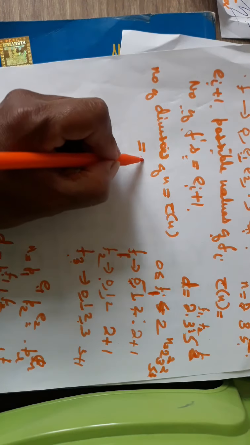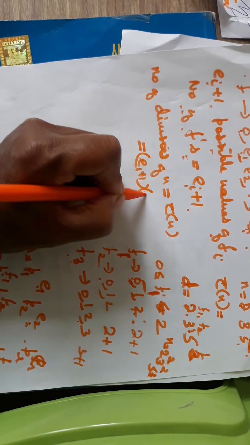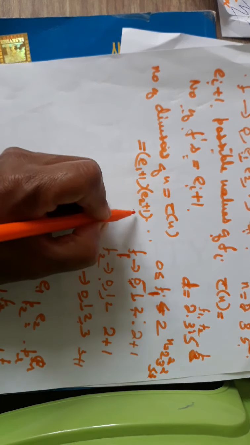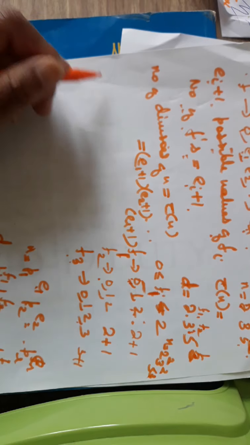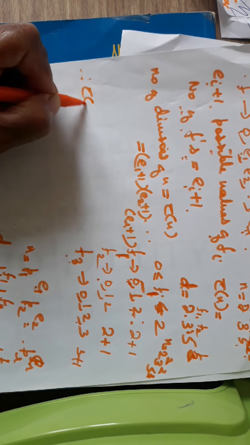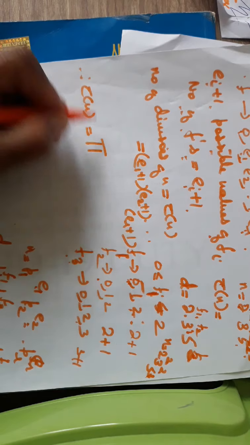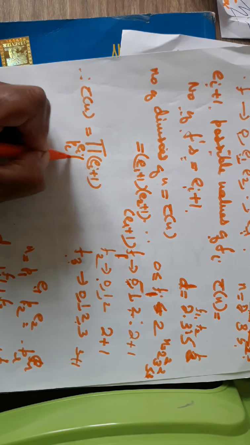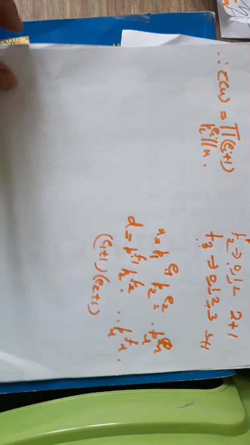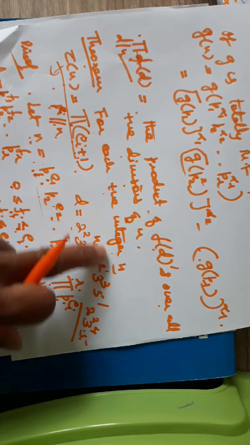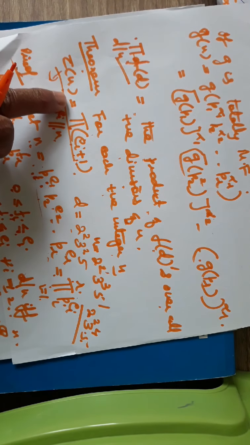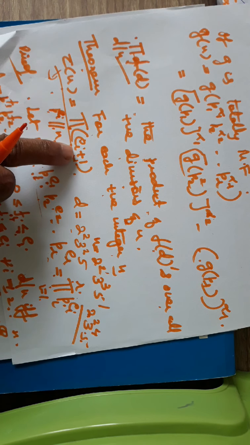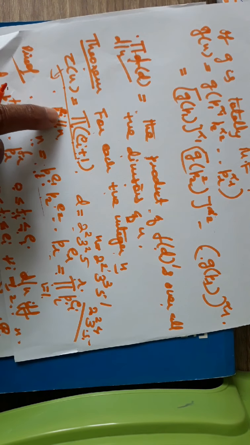So in general we have e1 plus 1 into e2 plus 1 up to er plus 1. Therefore tau of n is equal to the product of ei plus 1, where pi to the power ei runs over the prime powers dividing n. Thus, for every positive integer n, tau of n is equal to the product of ei plus 1.